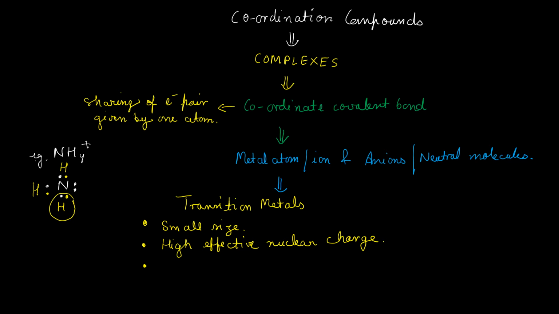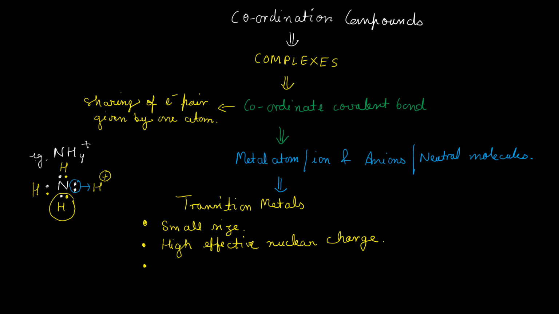But the next bond is formed with a proton. Proton means H plus, and H plus means it has 1 electron and that also has been lost by it. So proton has no electron available for bond formation. Now what will happen? This electron pair of nitrogen will be shared as well as donated to this proton, and in this way this bond is a coordinate covalent bond.